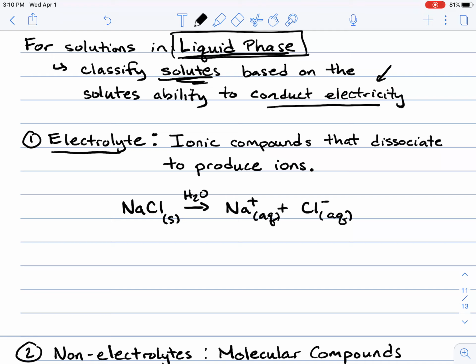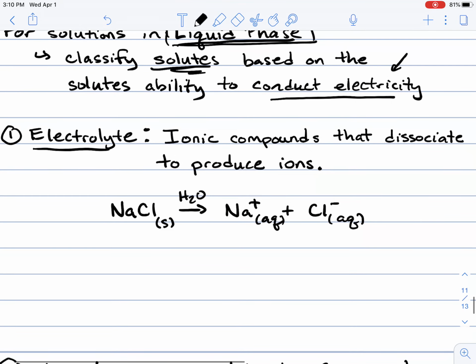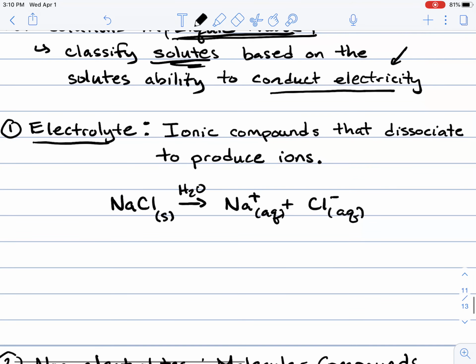Those ions are able to conduct electricity, allowing that solute to be classified as an electrolyte. An example of an electrolyte is sodium chloride, which is what I've written here already.